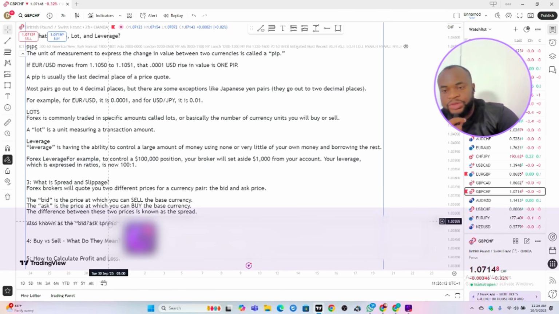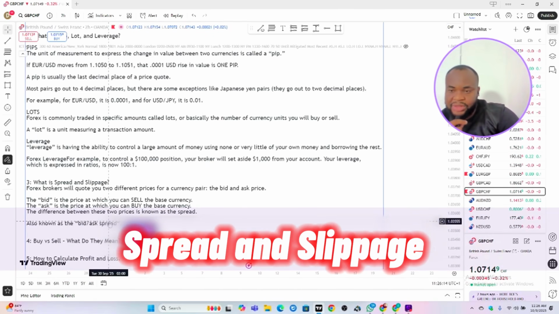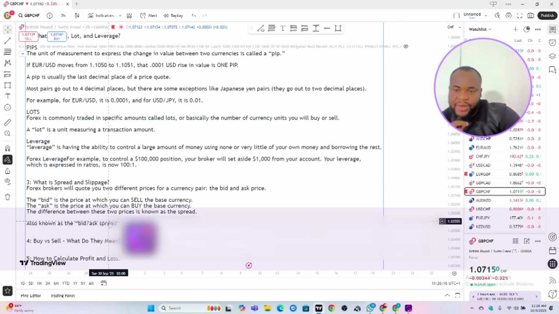So we move to spread and slippage. There is something forex brokers do, and this spread is actually the reason why most times when you set a pending order, you see your price get to that order, but it will not activate it.